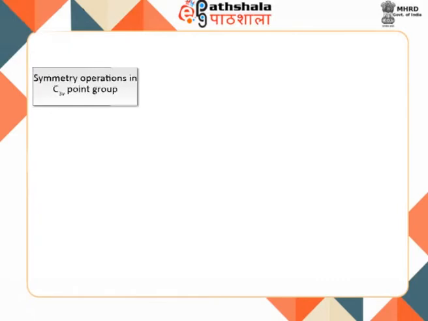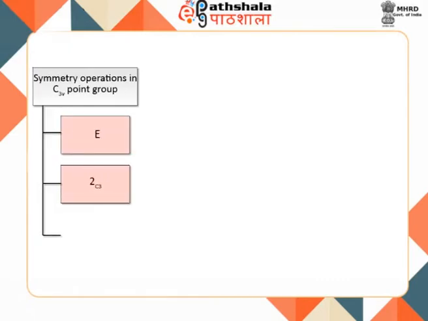As we know, the symmetry operations in the C3v point group are E, 2C3, 3 sigma v.